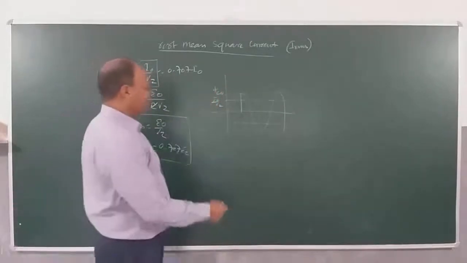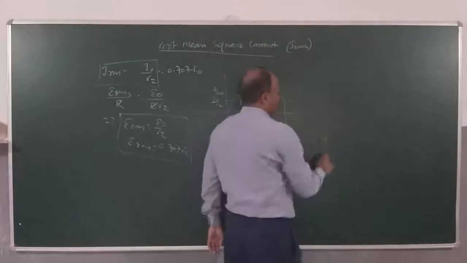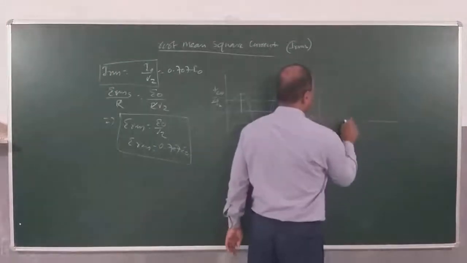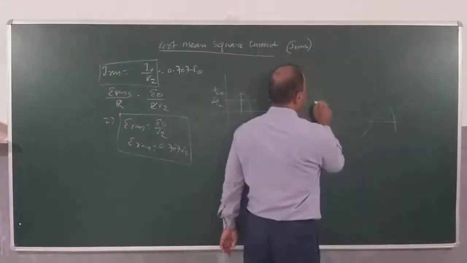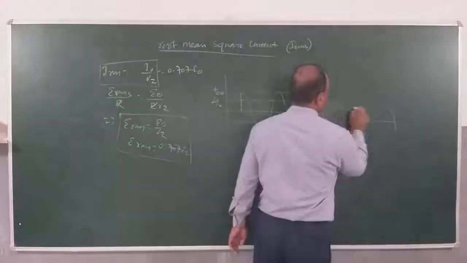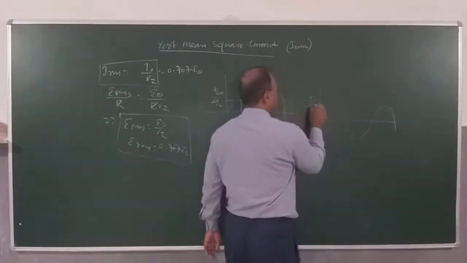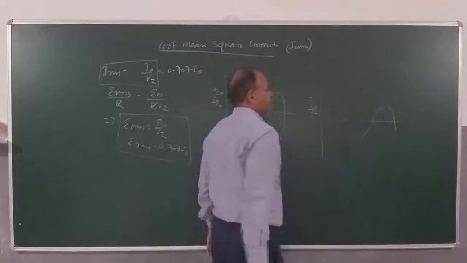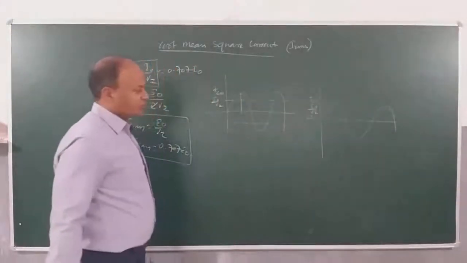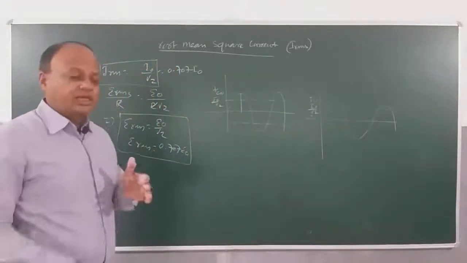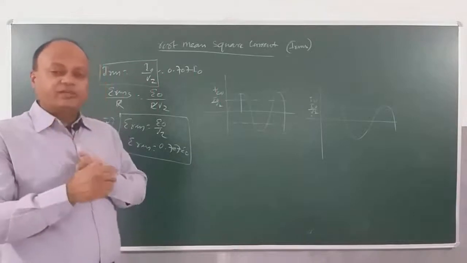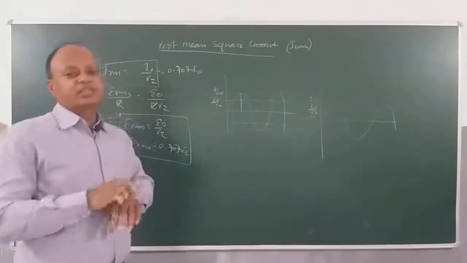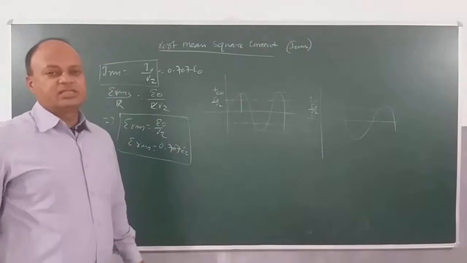Similarly, suppose I show with the current. Suppose this is current, this is I naught, so I am using what? This value. This is I naught by root 2, right? So these steady values are important to understand. These are values of AC which act like what? DC for a circuit, and this is what we use at a steady rate.